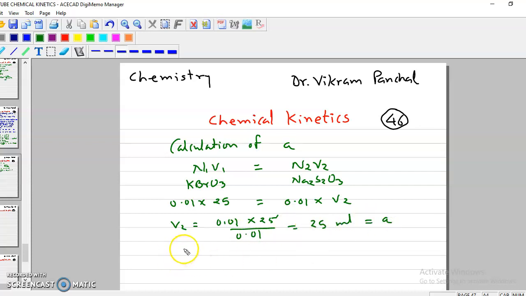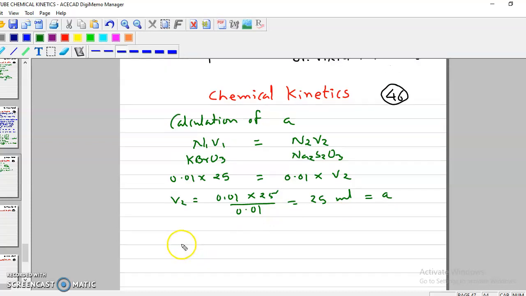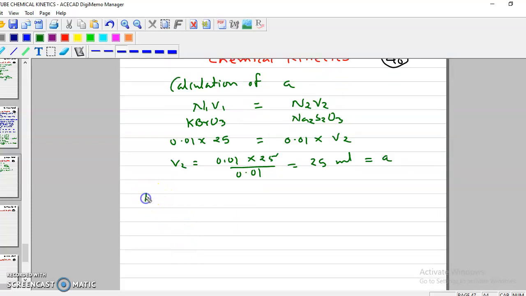Now, effective concentration of KI in total volume. Again, N1V1 is equal to N2V2.